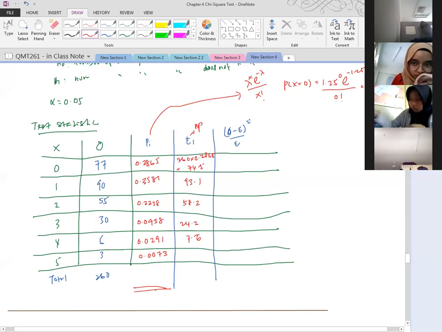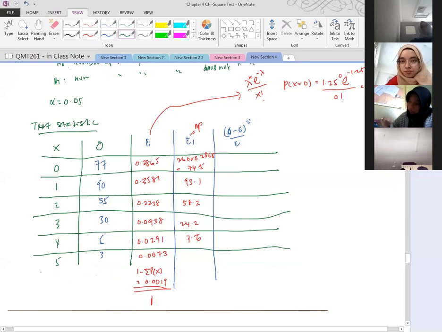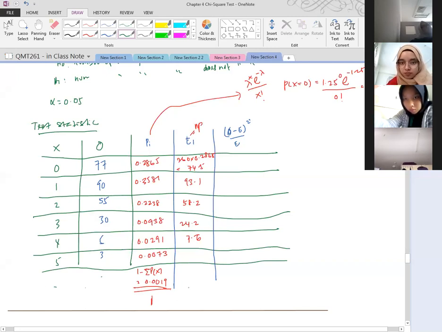So if you want to make it equal to 1, then 1 minus the summation of probability of x should be equal to 0.0019. So there is no value here. And the total should be 260.